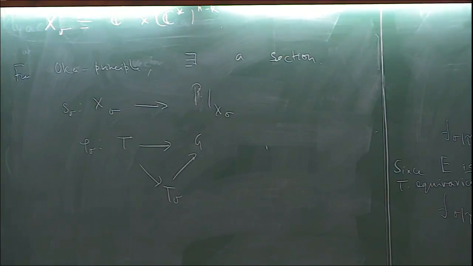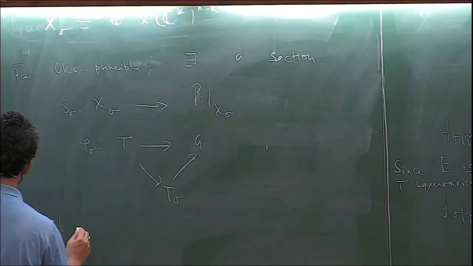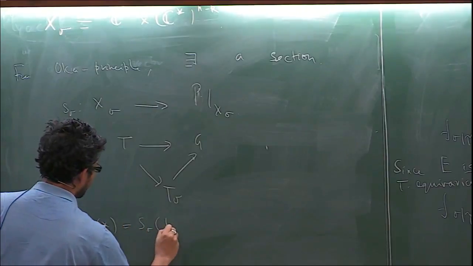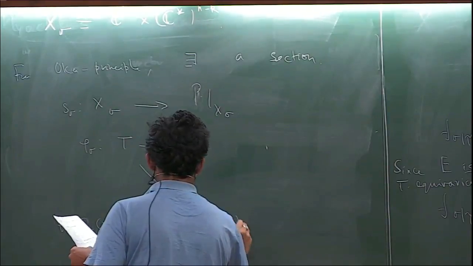On T sigma, the action is the one you are considering. And so t dot S sigma of x is S sigma of tx times rho sigma of t.